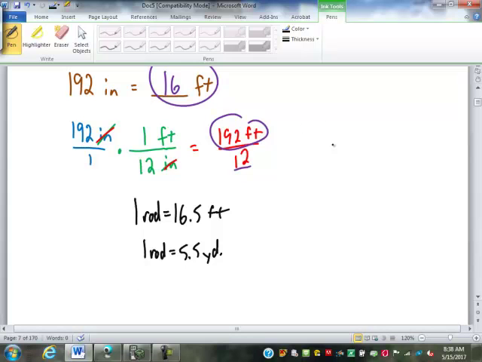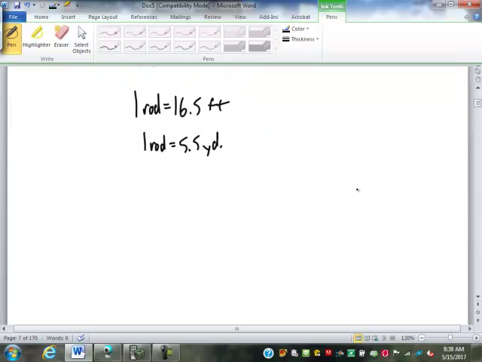We'll also have units of capacity. You might have something like 28 quarts equals blank gallons. So again, we're going to set up 28 quarts over 1.